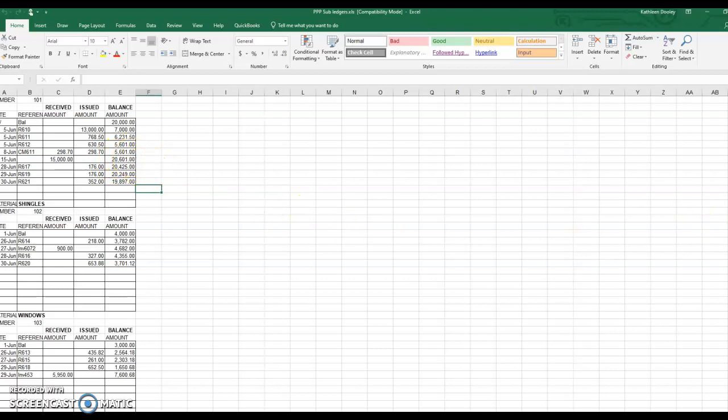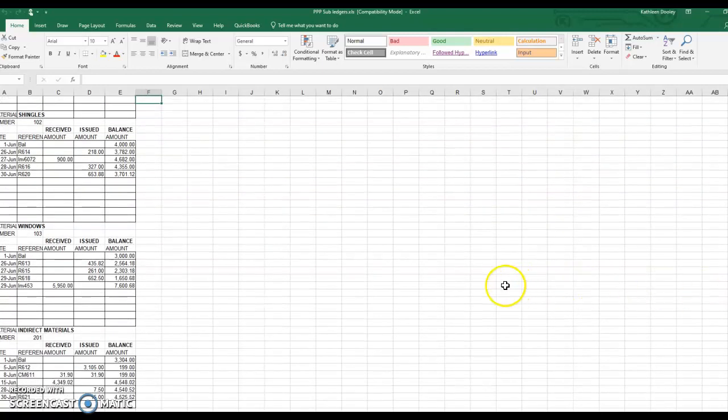We also have to look at the indirect materials. We purchased $4,349.02, and the previous balance was $199. So we have to add those two together. We now have $4,548.02. So our subsidiary ledgers are now finished.